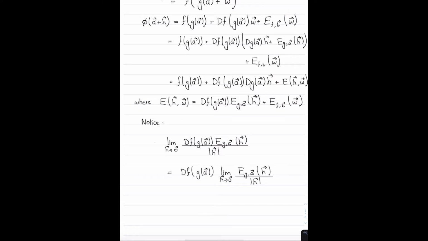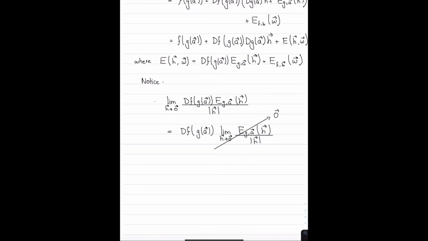And this is where you have to take notice of the fact that g is differentiable. So by definition, this error term goes to 0. So this goes to the 0 vector as g is differentiable at a. And this basically is equal to the 0 vector. So we know that this thing goes to 0 as h goes to 0.